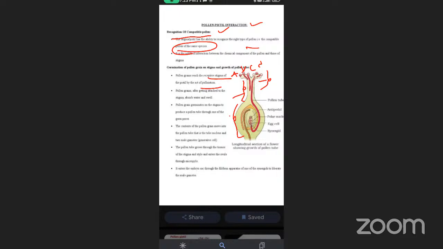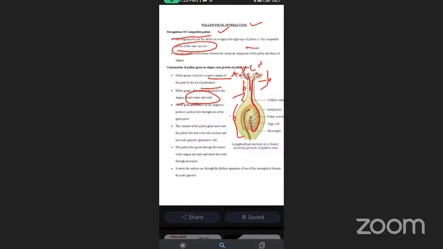Next, after attaching to the stigma, the pollen grains absorb water and swell. That is the second step. What is the first step? In the first step, not only compatible pollen but also non-compatible pollen reach the stigma.